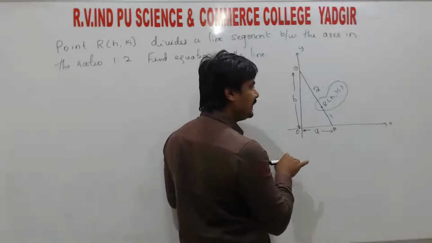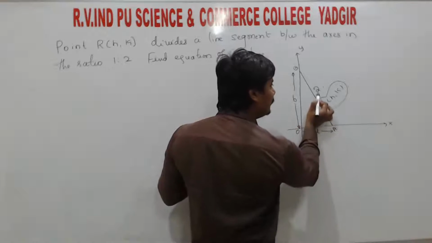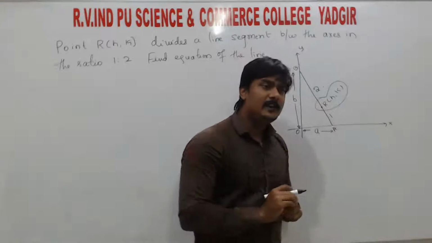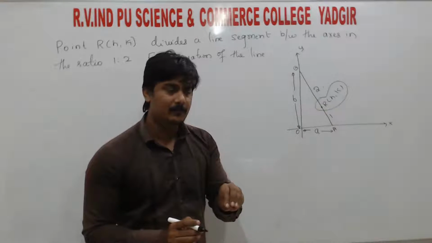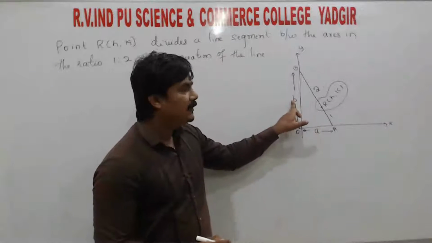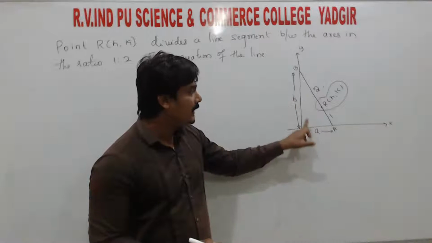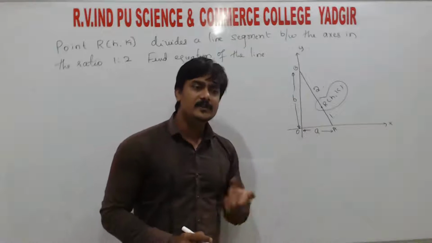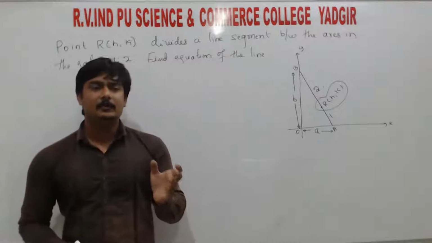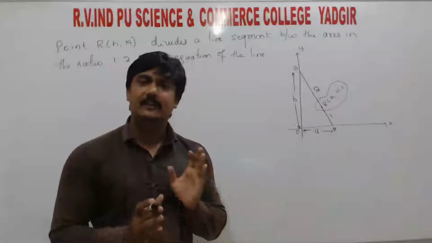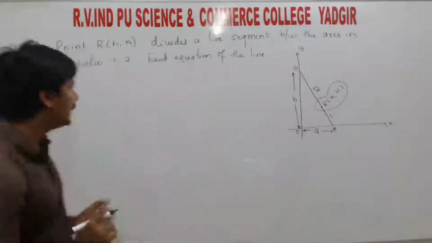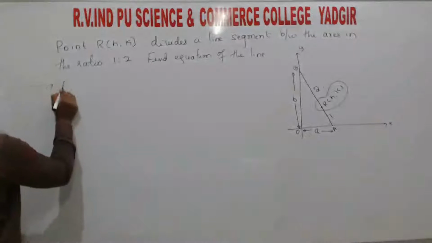In what ratio? 1:2. If you make use of the internal section formula, you will get the small a value and small b value. Once you know them, children, make use of the intercept form of the straight line equation. That will give you the equation of the straight line. Okay, let us write two lines related to the diagram.